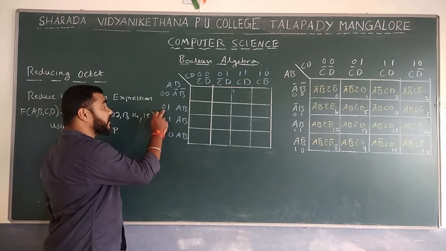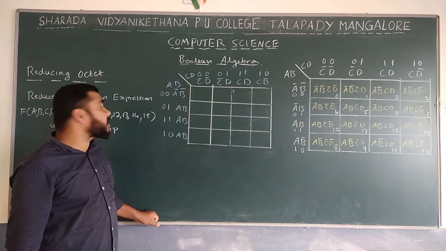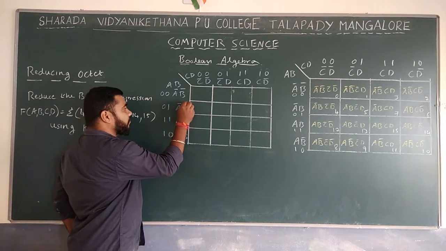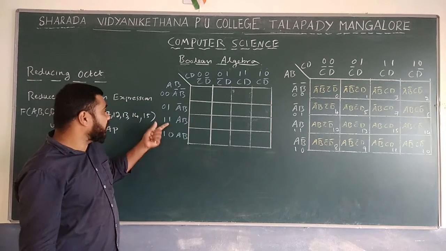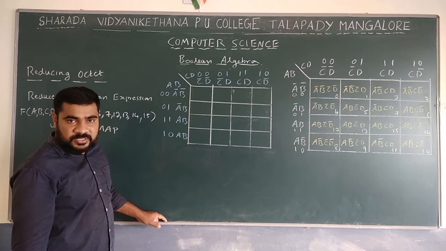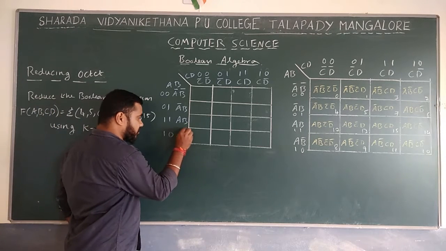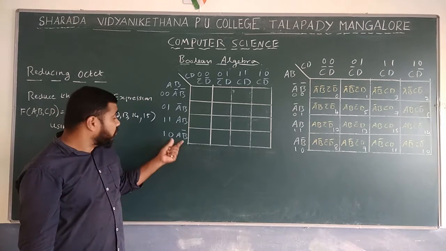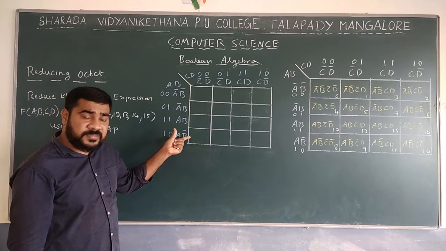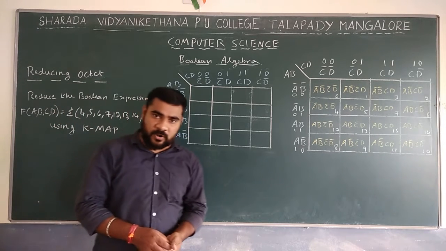The next one is 0 and 1, which means A dash, B. The next one is 1, 1, which means A and B. And finally 1 and 0, which means A and B dash. Why B dash? Because the value of B is 0, so when you represent it, it should be in inverted form.